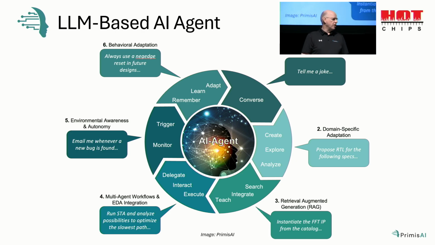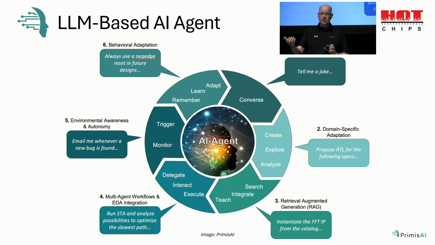Starting with number 1, this is really the baseline LLM, which is able to just do Q&A, like, tell me a joke. The next layer is to make this LLM know about our world of chip design. For that, we do what we call domain-specific adaptation.